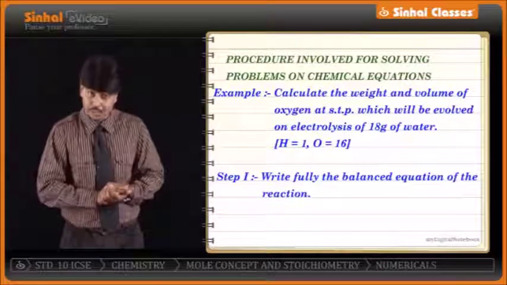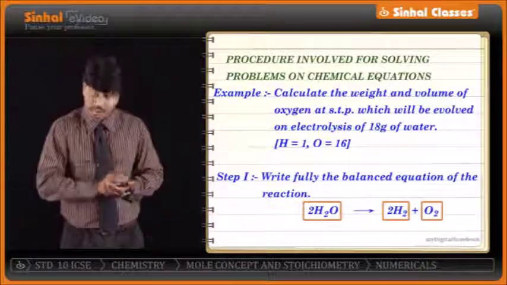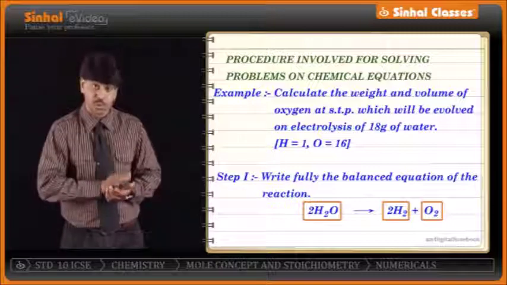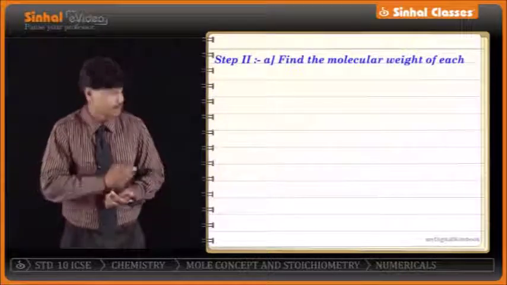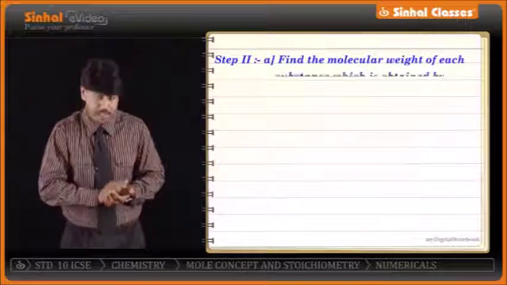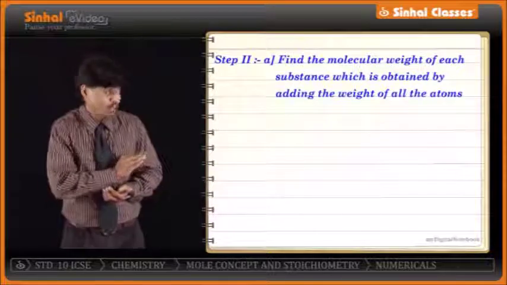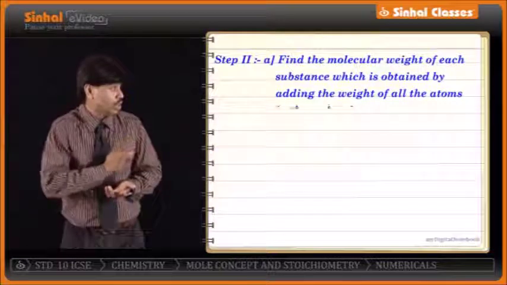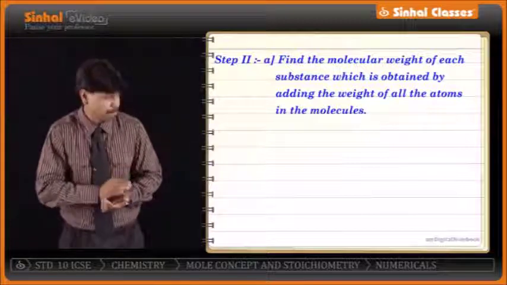The equation will be 2H2O will give us 2H2 plus O2. Step number 2. Find the molecular weight of each substance, which is obtained by adding the weight of all the atoms in the molecules. Neglect the molecular weight not asked.